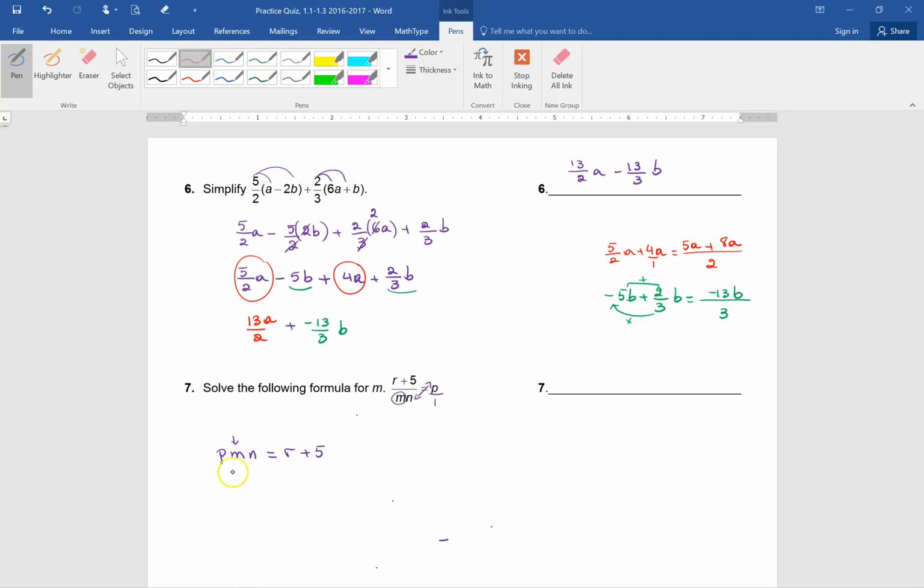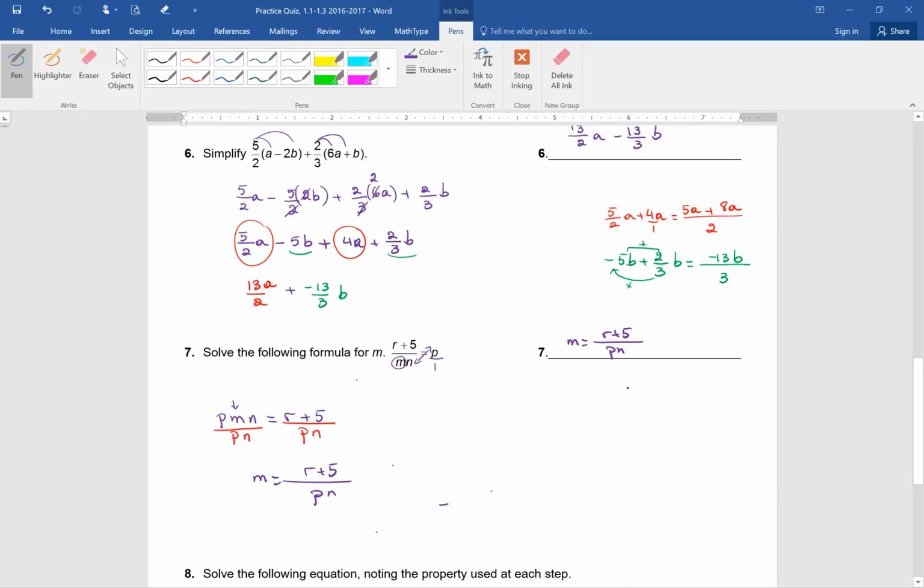So I divide by p and n, and I divide by p and n. So I get that m is equal to r plus 5 over pn.